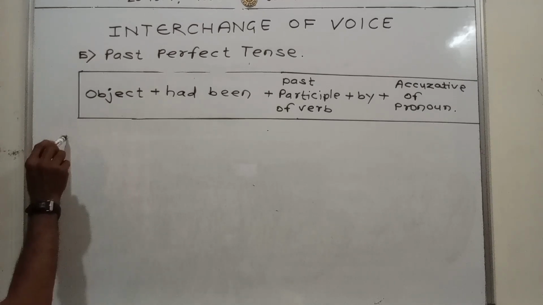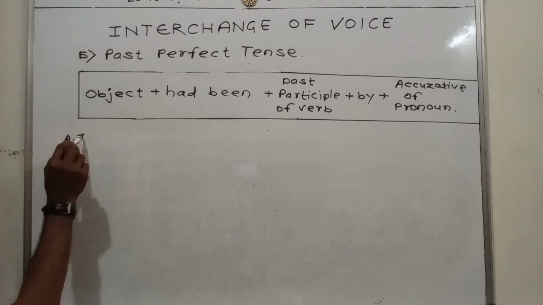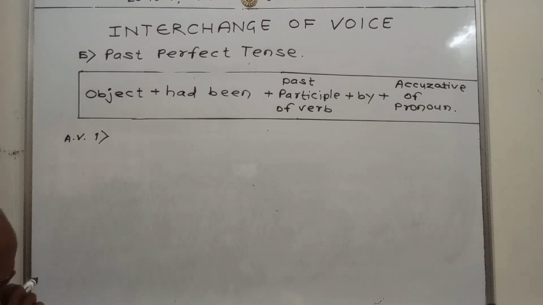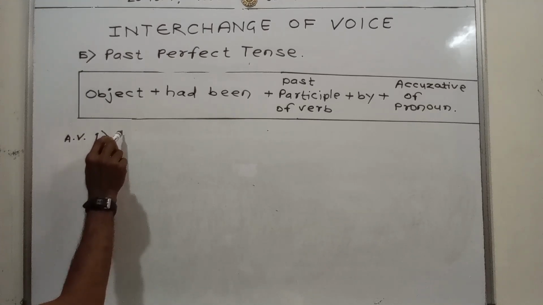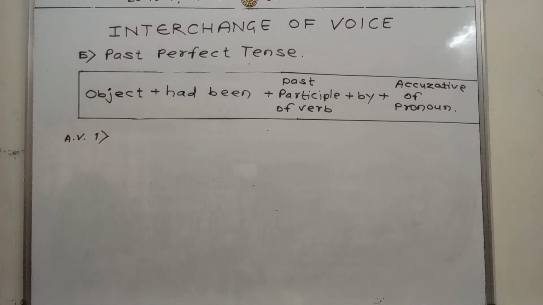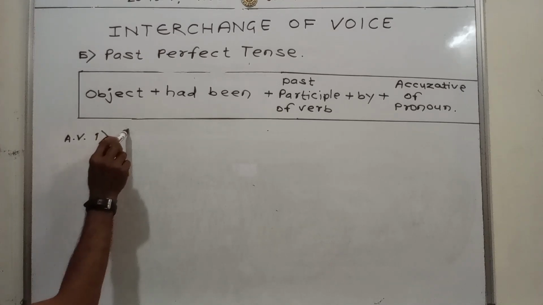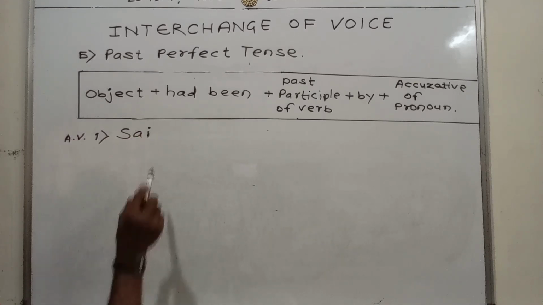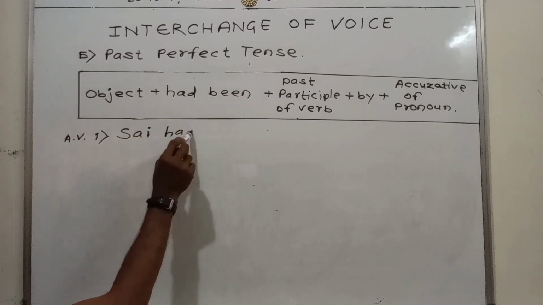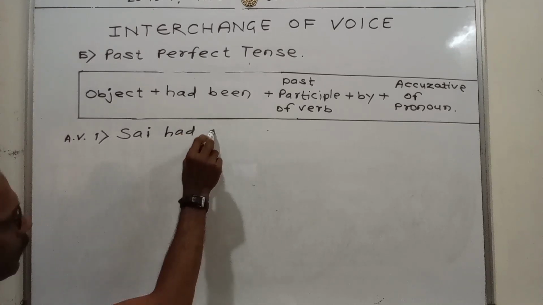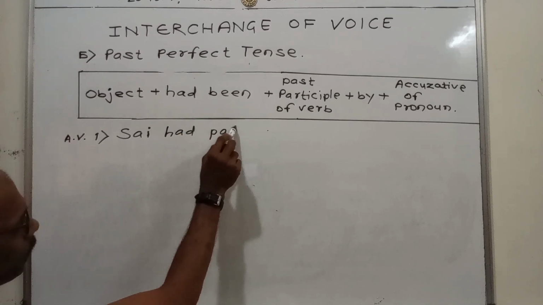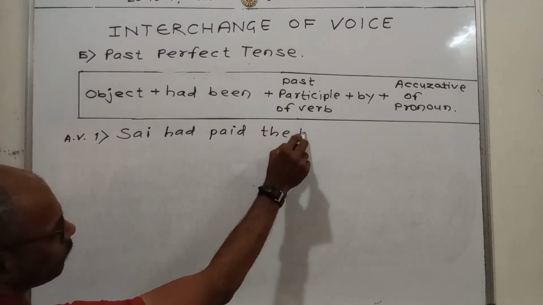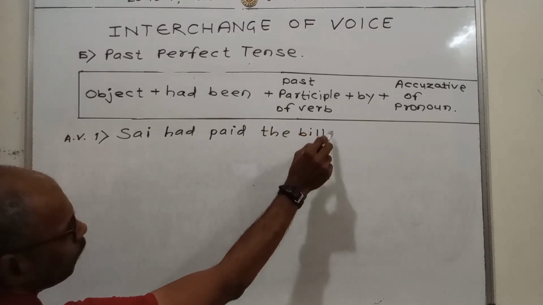Okay. Now active voice. Example number first. See this? Sai had paid the bill.